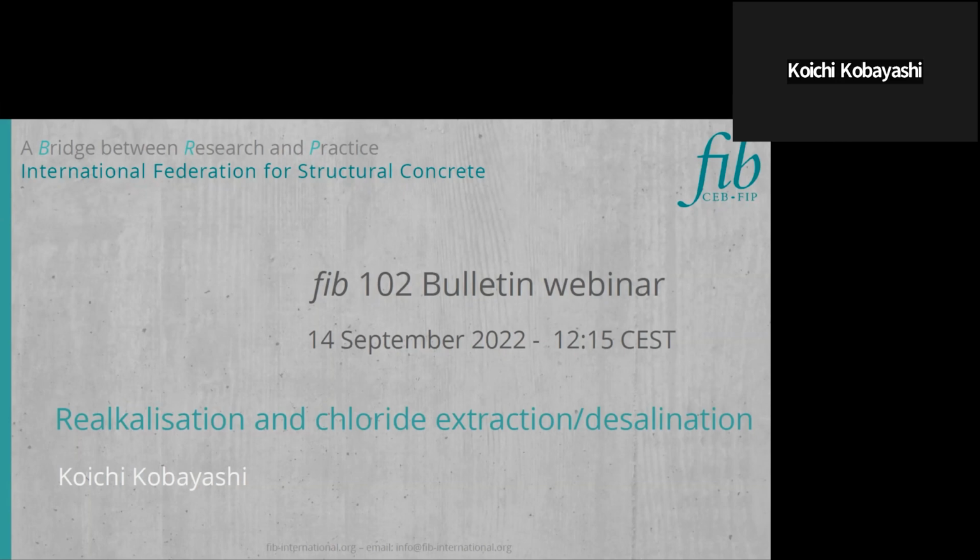Of course theoretically, if we apply very high voltage, it can extract chloride very quickly, but it may cause very harmful effects on the structures. So the appropriate voltage and the appropriate current amount must be selected.